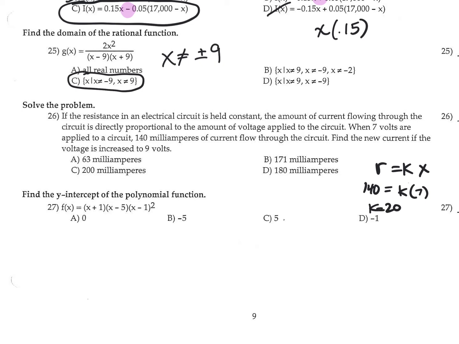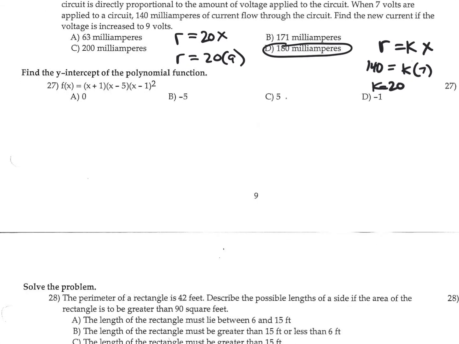So our real formula here is R equals 20x, where R is our resistance and X is our voltage. All we need to do to find the new current is plug in 9 for X. And we can see that 20 times 9 will be 180 milliamperes.